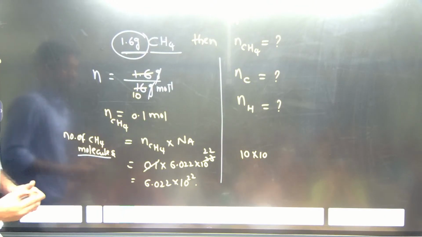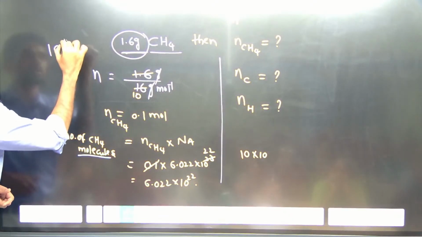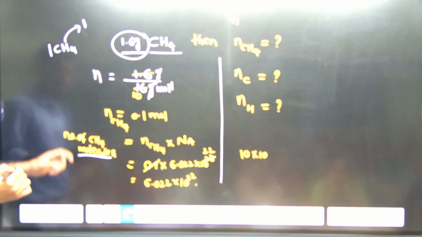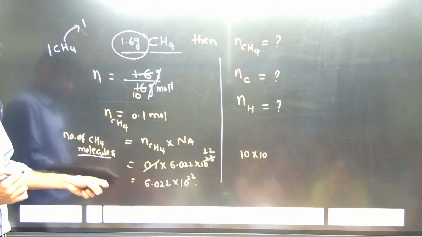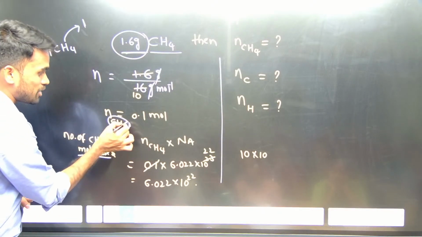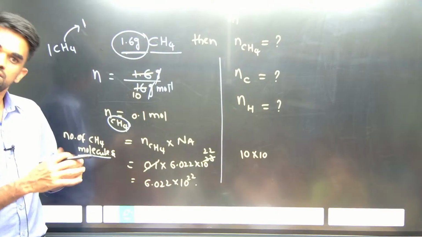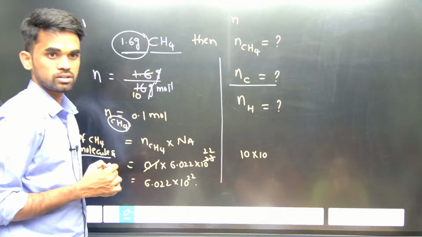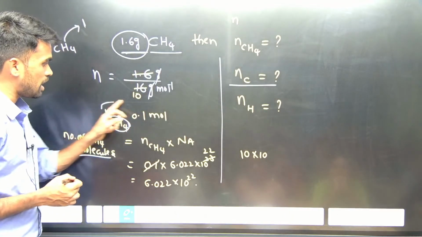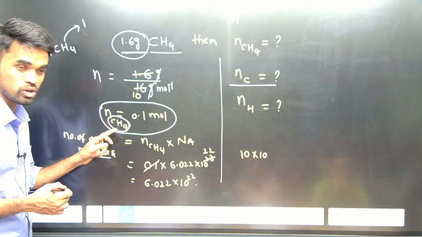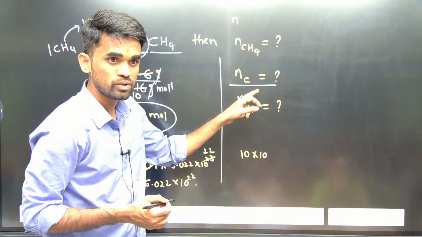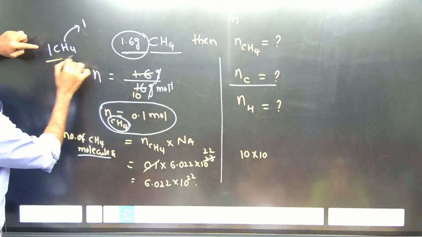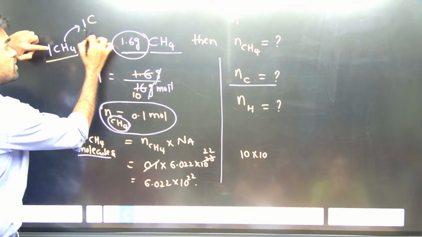Now this is about methane molecules. In one methane molecule, how many carbon atoms are there? One carbon atom. So similarly, in one mole of methane molecules, how many moles of carbon will be there? 1 mole only. So whatever answer you got for the number of moles of methane, the same answer will be there for the number of moles of carbon. Why the same? Because one molecule of methane contains 1 carbon atom only.